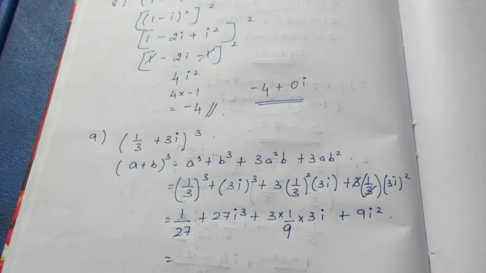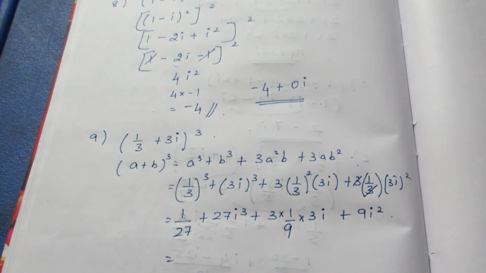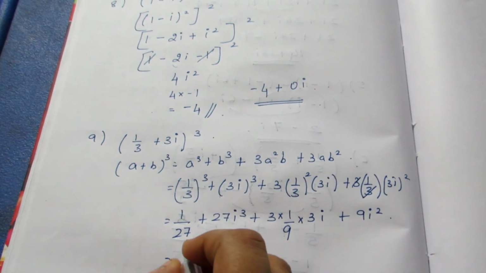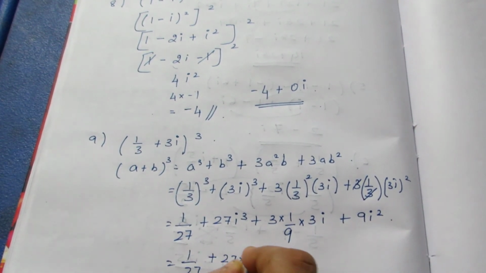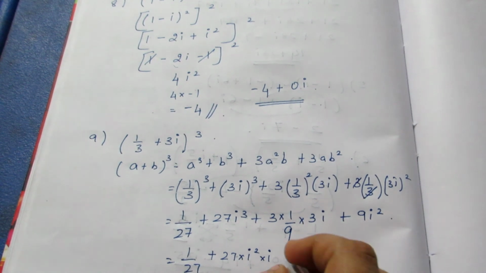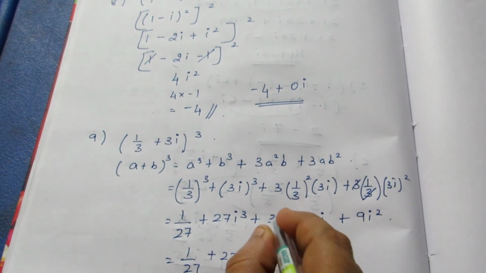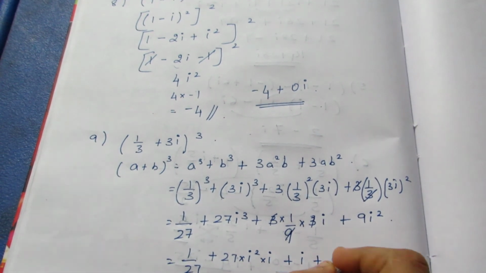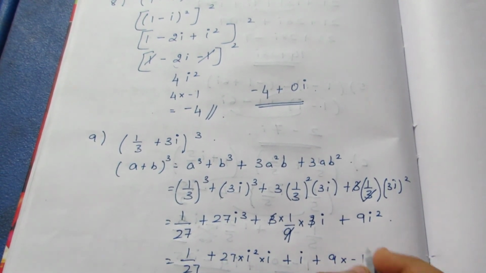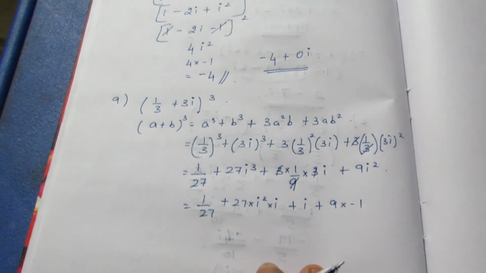Now we are going to solve this. Here we can write this to be plus 27 into i square into i. So we can cancel this. 3 3s are 9, by 9 plus i, plus 9 into minus 1. The i square can be written as minus 1.